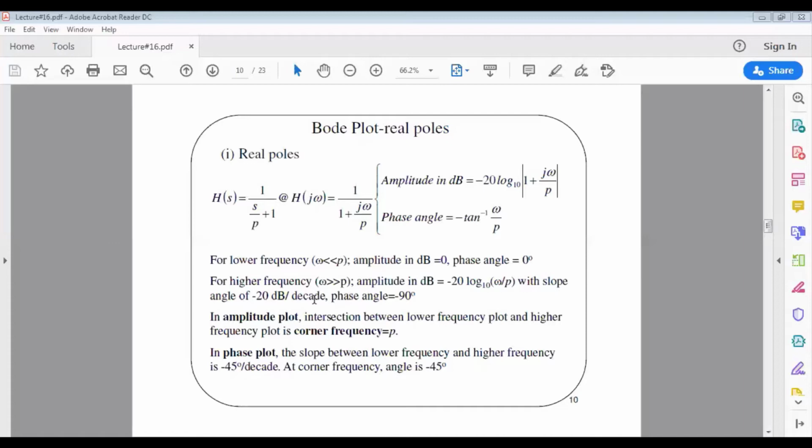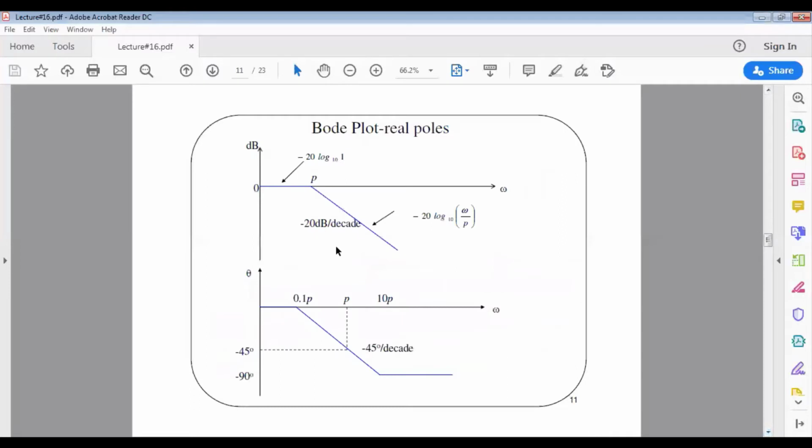Okay, so let's have a look at the sketch for this real pole case. This is the sketch for the amplitude. As said just now, for the lower frequency case, the amplitude is 0 dB. For the higher frequency case, the slope of the graph will be negative 20 dB per decade, where the amplitude is given by negative 20 log omega divided by p.